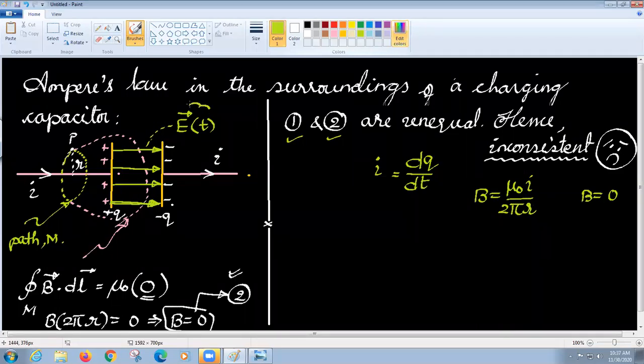He is Mr. Electric Field. I must take this into account to make equations 1 and 2 consistent. So how do I do that? Any guesses, please? How do we account for a time varying electric field to make equations number 1 and 2 consistent?